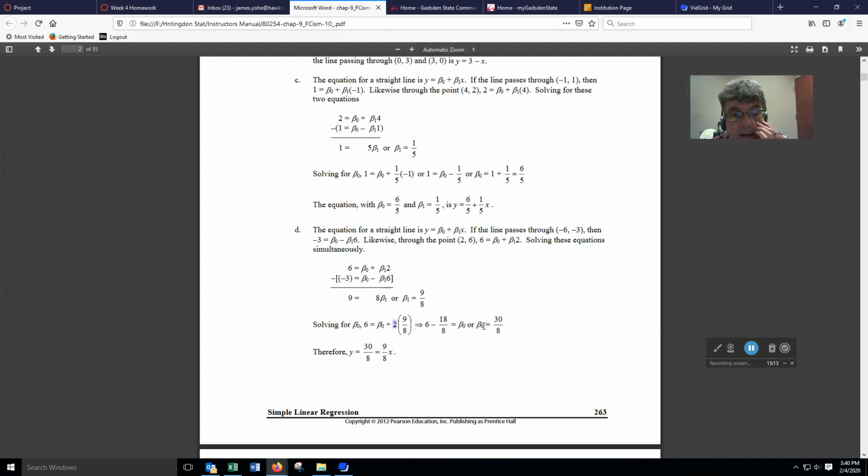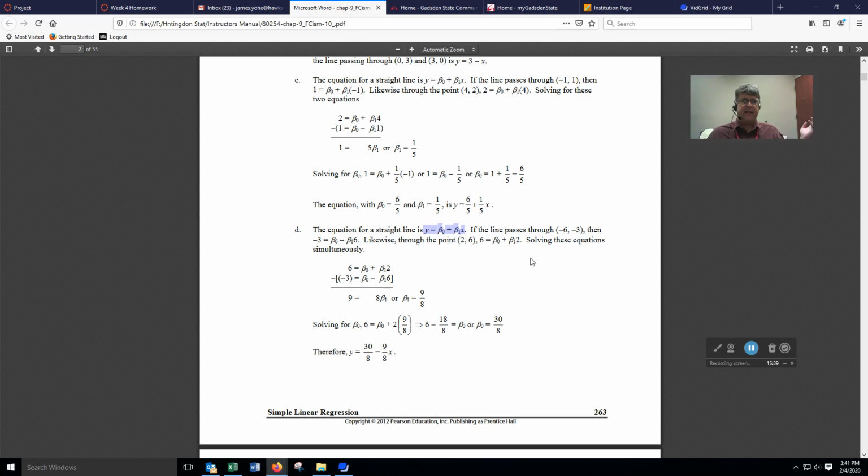So we stick the value for beta naught into the original equation that you always start with and always come back with. So y is equal to 30 over 8, and this equal sign here should be plus 9 over 8 times x.